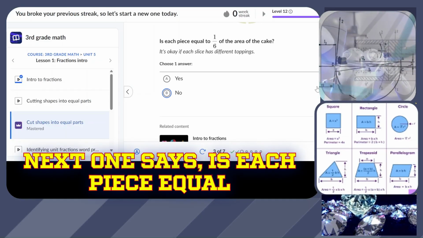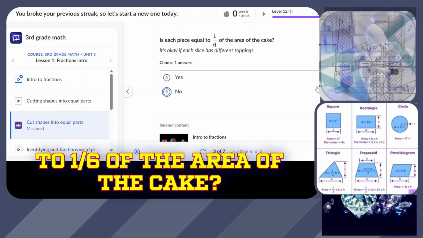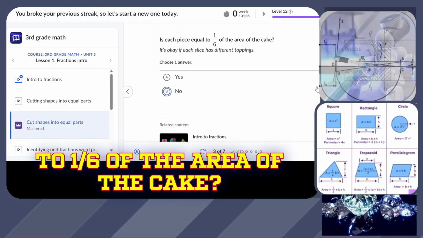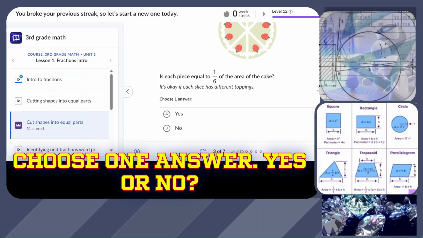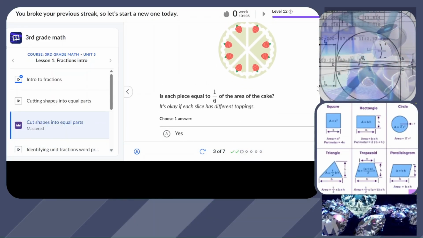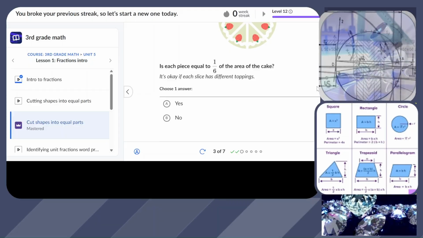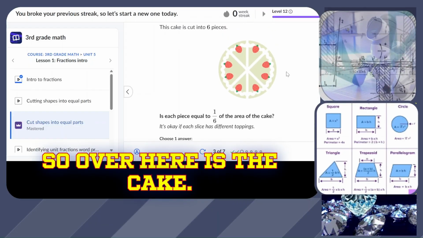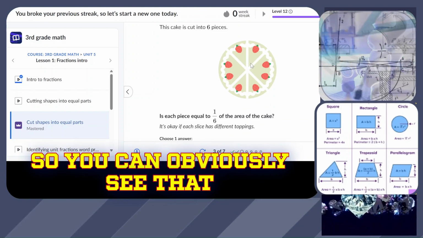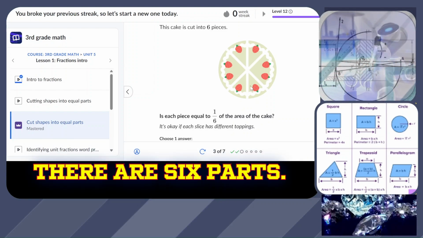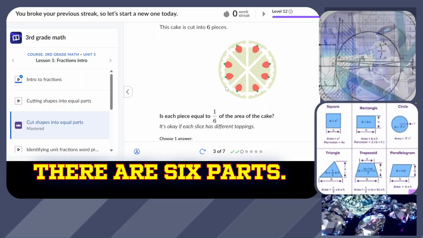The next one says, is each piece equal to 1/6 of the area of the cake? Choose one answer. Yes or no. So over here is the cake. You can obviously see that there are 6 parts.